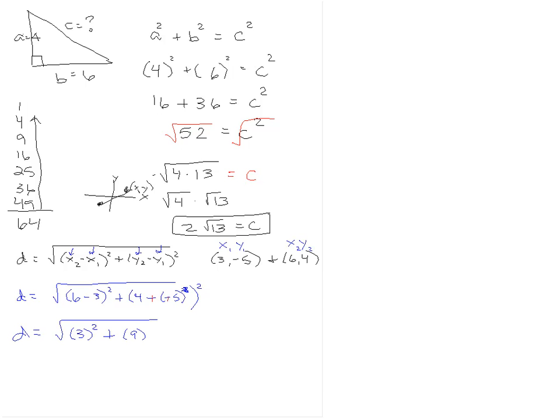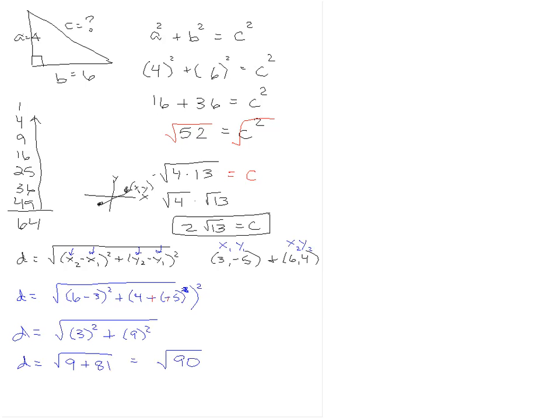Plus 9 squared. So distance is equal to 3 squared, 9, plus 9 squared, 81. So the distance is equal to the square root of 90. Now, the only thing we have to determine is whether there is a perfect square that divides evenly into that.